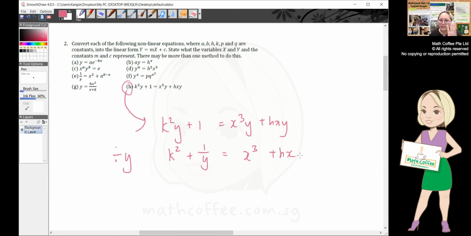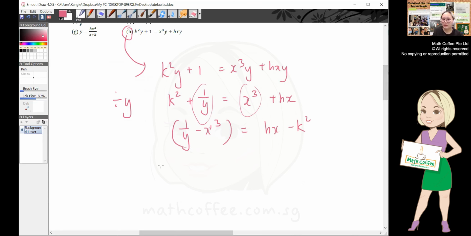Okay, then I see which 2 terms that don't have the constant. For this case, the constant over here is the k and the h. So these and these don't have the constant. So I'm going to combine them to make them into big Y. So it becomes 1 over y minus x cubed equals to hx minus k squared.